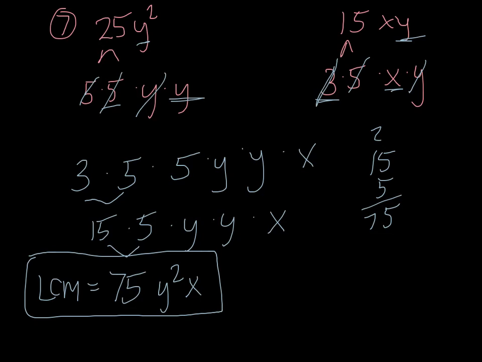Now we're going to talk about comparing fractions. One method of comparing fractions is finding the common denominator. So let's say I ask you to compare 6/7 with 4/5. If I were to look at this, I would have a hard time deciding which one is bigger.